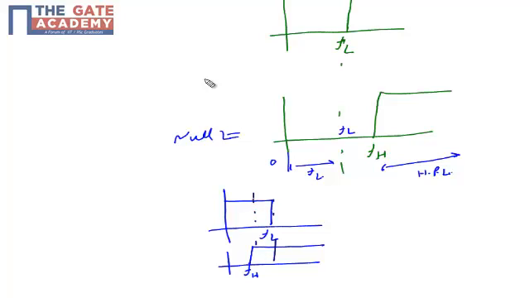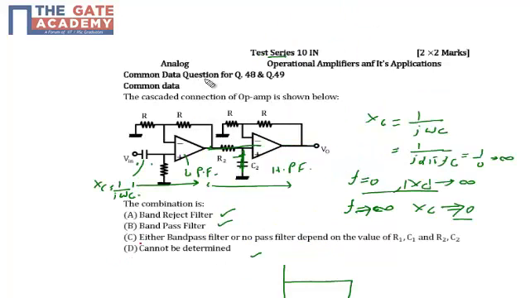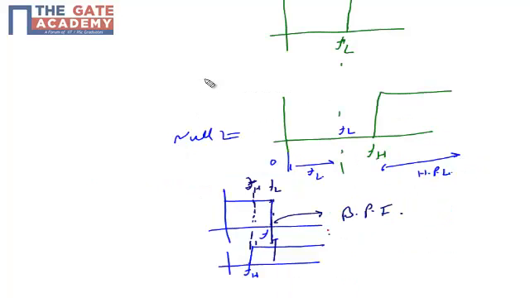In this case, the frequencies in the range of FH to FL will pass through this network, so the circuit acts as a band pass filter under this condition. So it is either a band pass filter or a null filter, depending upon the values of R1C1 and R2C2. If there is no overlapping, it behaves as a null filter; if there is overlapping, it may act as a band pass filter.